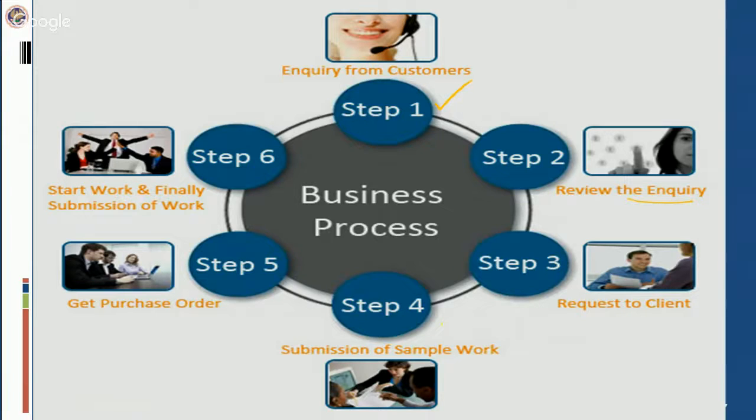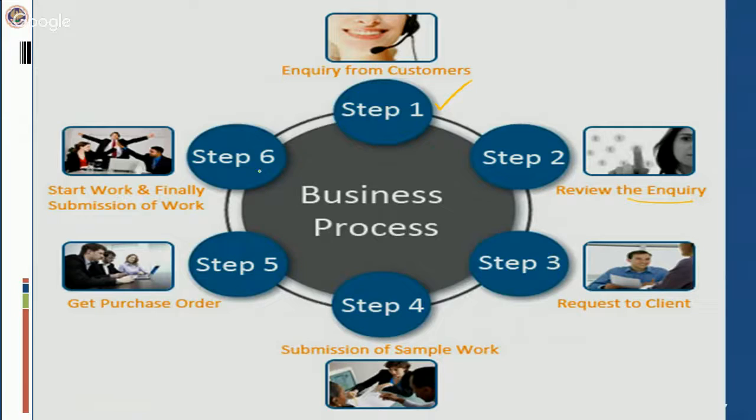Step 4, submission of sample work. The company will submit a work sample which will be sent to the customer, and the customer will see whether this particular sample work is attaining the desired result or not. And if it is, the customer will authorize the company to start the process. Then step 5 will be that a purchase order will be made and the work would be started.